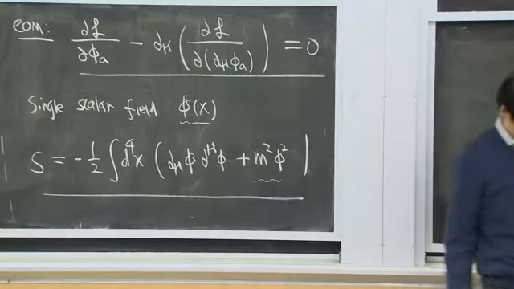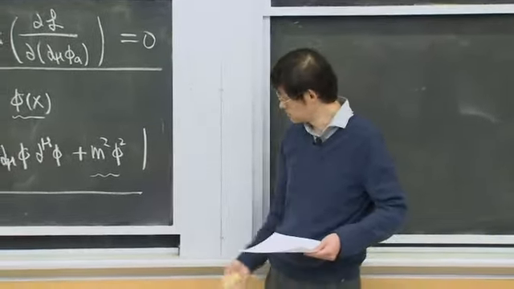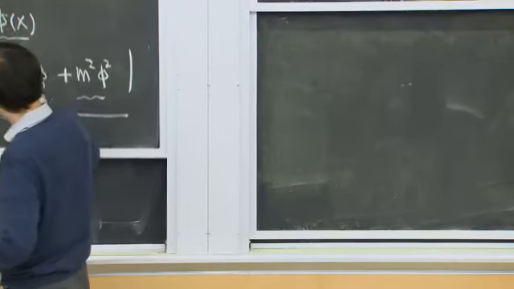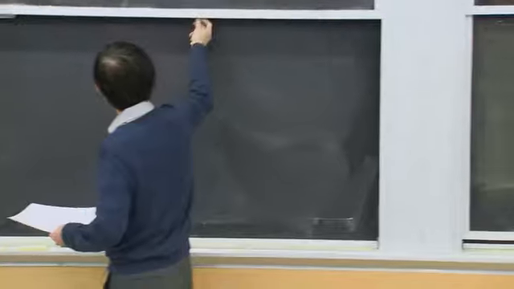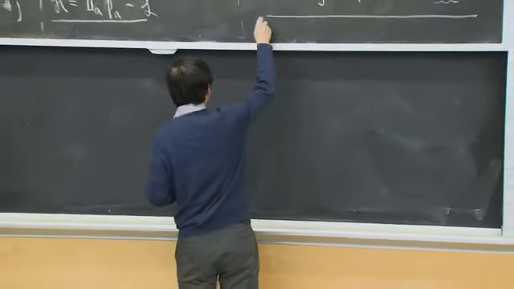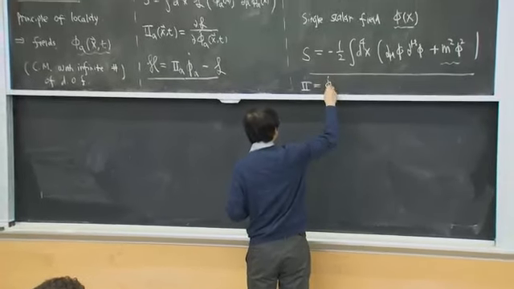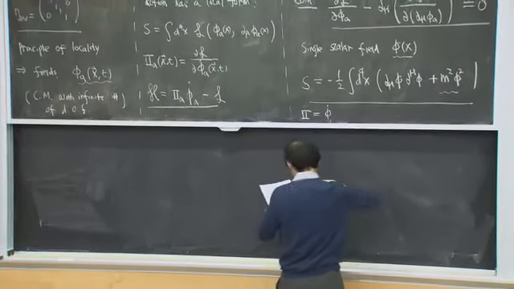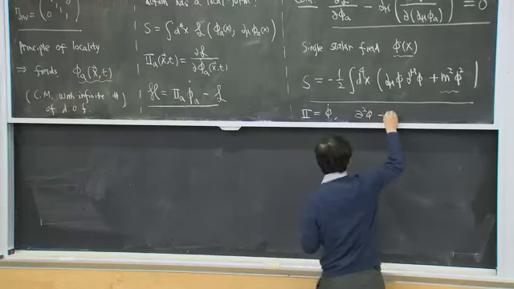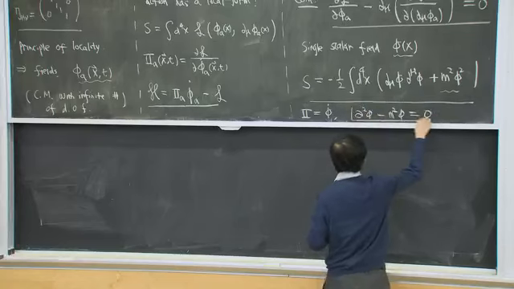This will be the simplest field theory we will study first. In this example, the momentum density is just equal to phi dot, the time derivative of phi, and the equation of motion is given by a linear equation for phi.